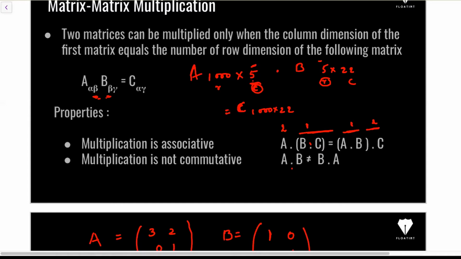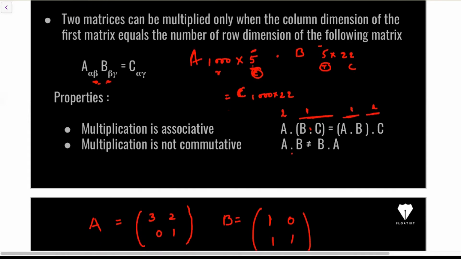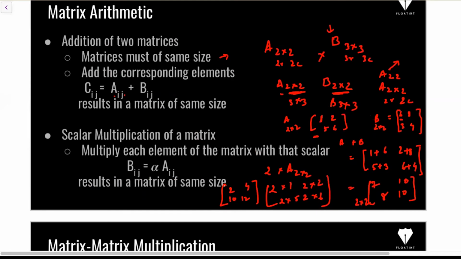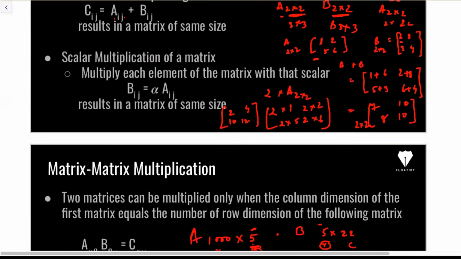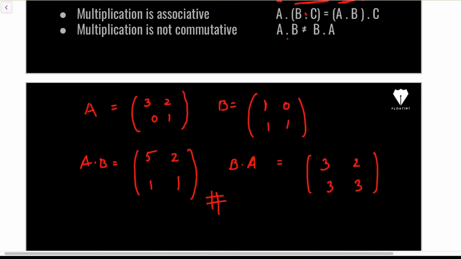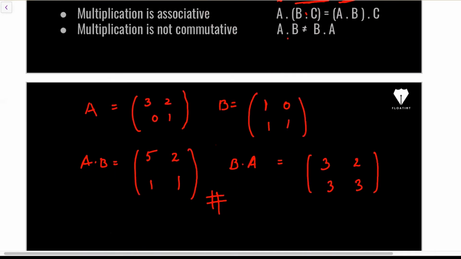Now, how does matrix multiplication happen? In addition, we were just adding element-wise. So how does it happen in matrix multiplication?